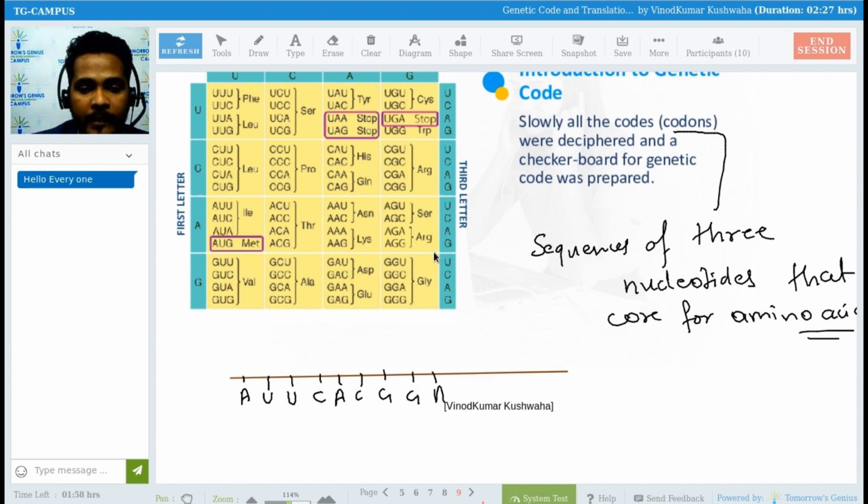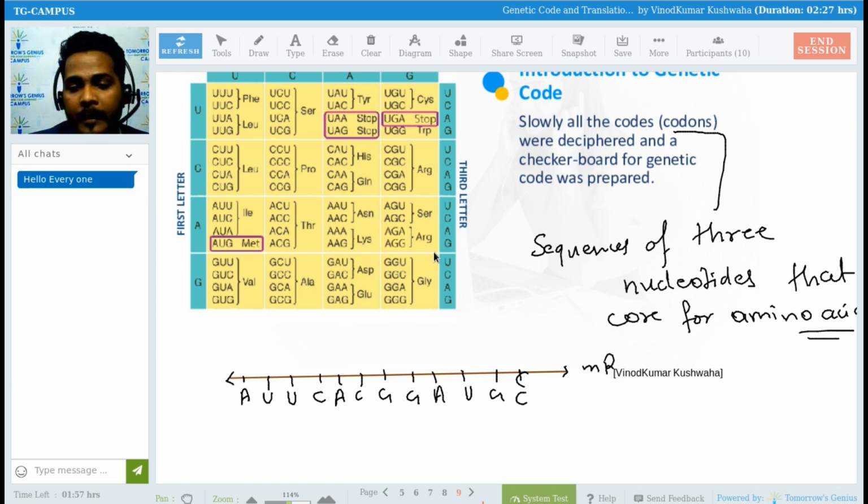You know very well what is G, what is C, what is A, U, G and C. So just imagine this is the mRNA.